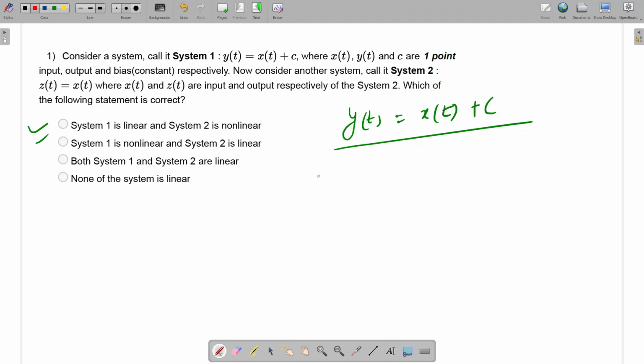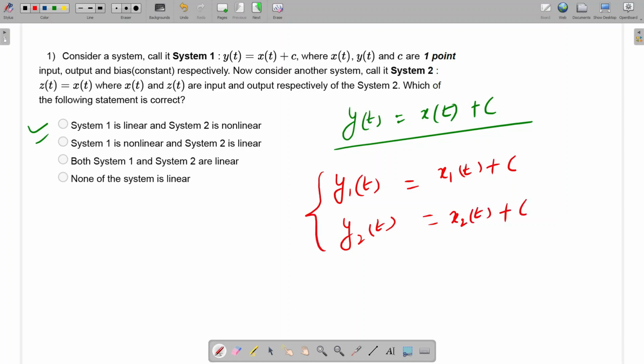We'll write y1(t) will be x1(t) + c, and y2(t) will be x2(t) + c. And a third term will be there, y3(t), that will be x1(t) + x2(t) + c.